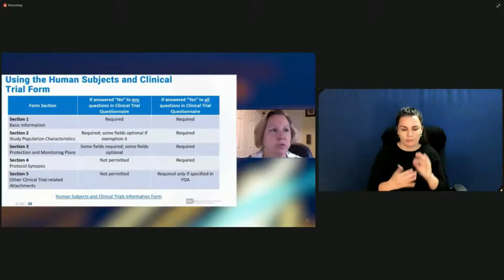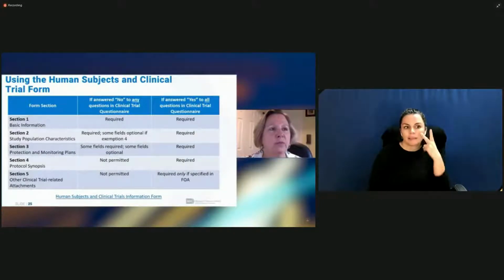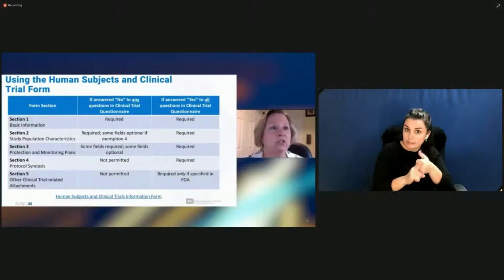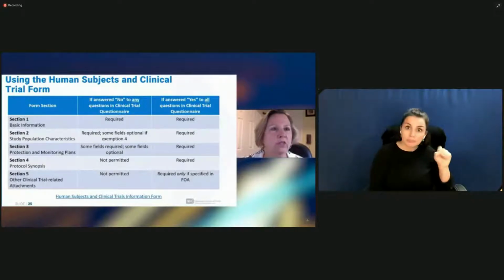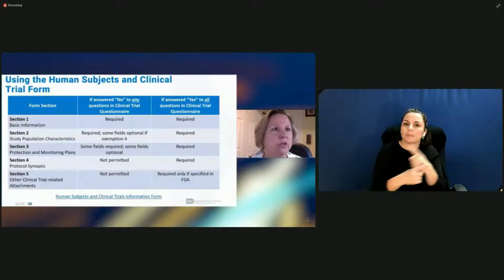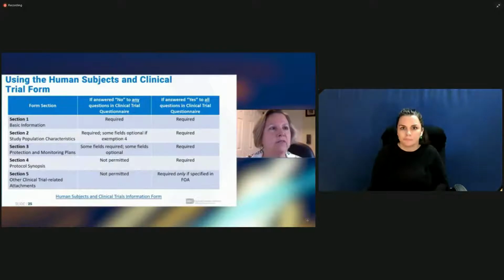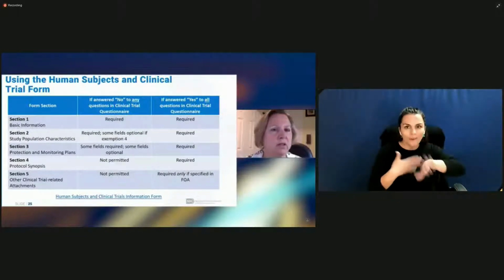As you note on this slide, you need to determine whether or not your research is a clinical trial to know what information you're going to have to include in this HSCT form. And I won't go into details of what all of that will be because it's all listed on this slide.